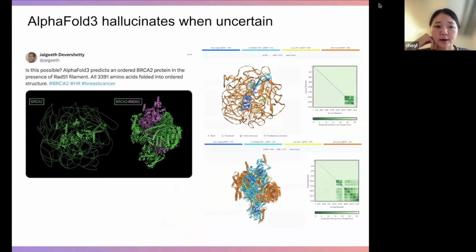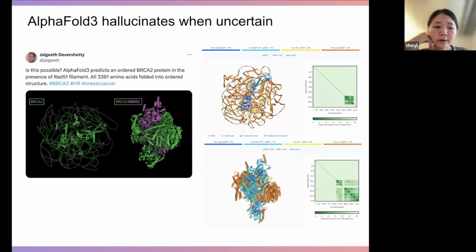Also, this is a tweet posted several months ago, where a person was showing the structure of the BRCA2 protein. As you can see on the left, this protein existing alone is usually disordered, with some helical ordered regions. After AlphaFold 3 was fine-tuned on AlphaFold 2 disordered proteins, if you make a prediction of this protein, you see a spaghetti-like structure with a very low confidence score.